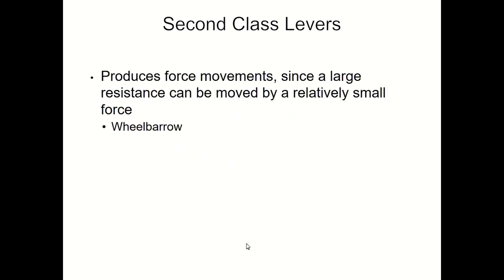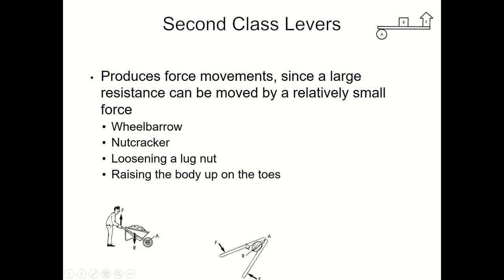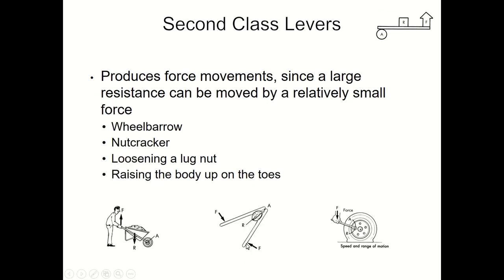Second class levers produce force movements, since a relatively large resistance can be moved by a relatively small force. So think about a wheelbarrow, a nutcracker, loosening a lug nut on a car, for example, or raising the body up on the toes. On second class levers, to remind yourselves, the resistance is in between the axis or the fulcrum and the force or the effort.